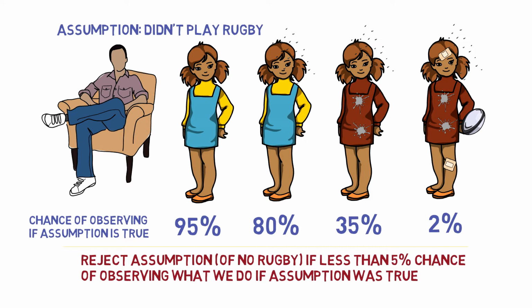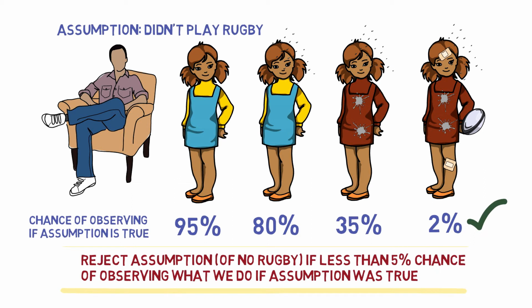And so now let's evaluate our initial assumption, whether or not she played rugby, based on the likelihood of observing what we actually did. And again, we will reject this assumption if there's only a very small chance that we would have observed that if she hadn't actually played rugby. Well, there's one case here which fits that, right? It's the 2% case.